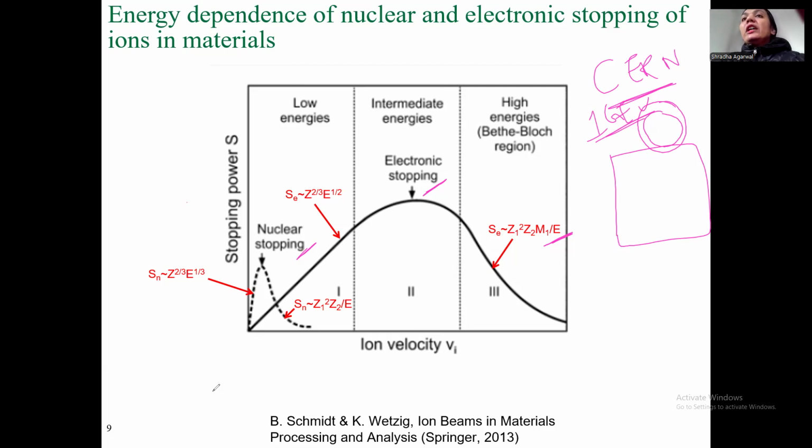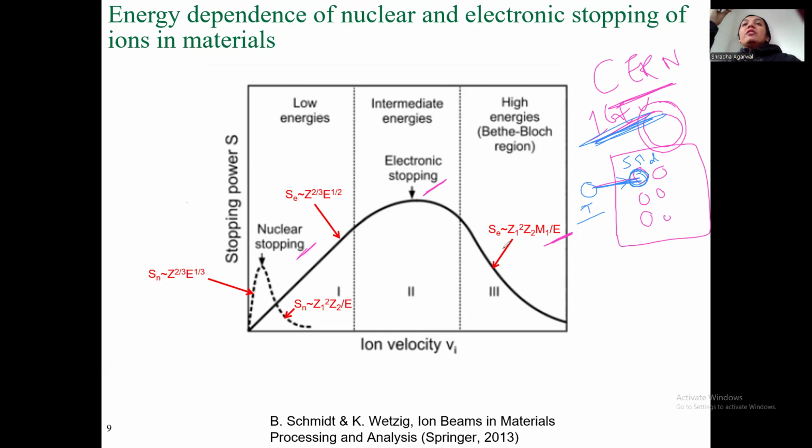The kind of things we are doing by SRIM: this was the incident particle, and we are trying to make these kinds of collisions with the solid here. We are not at all in this energy range.